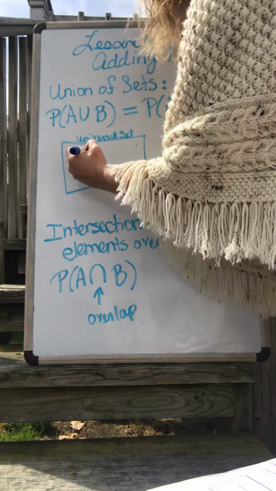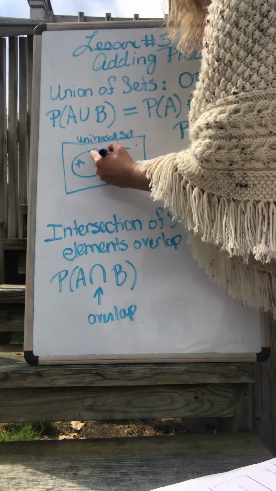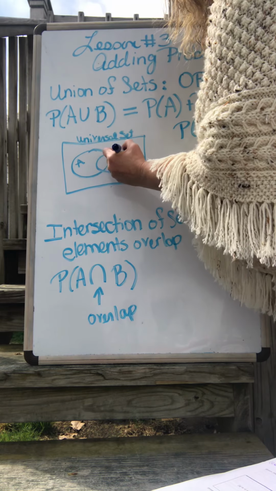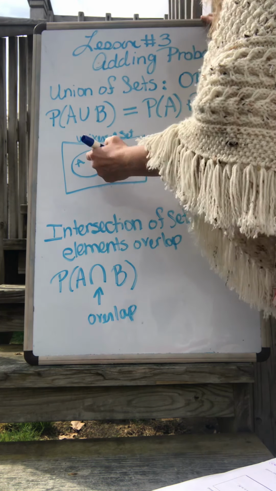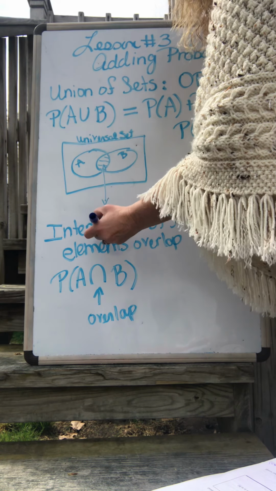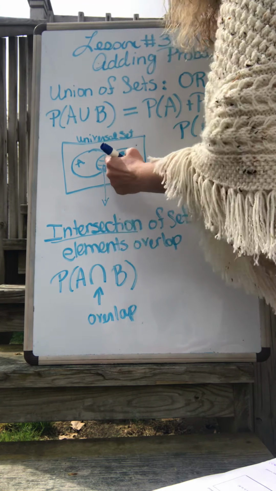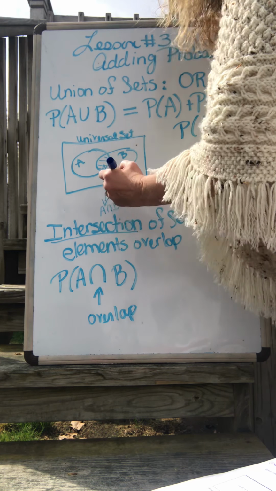Now here's set A. And here's set B. And here's the overlap. This overlap region is the intersection. This is what I would say is A and B.